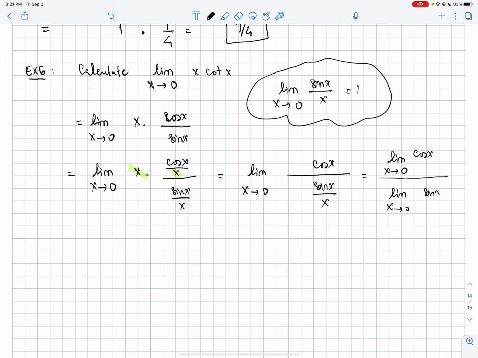In the bottom, the answer will be 1, because we apply equation number 2 in this section. On the top, we plug in 0 into the cosine, so we get cosine of 0, and cosine of 0 is 1. So we get 1 over 1, and the answer is 1.